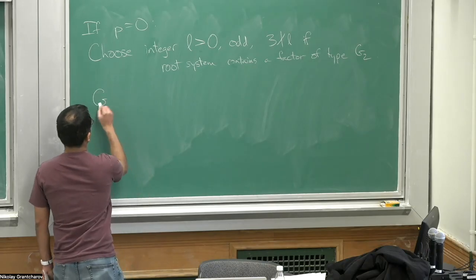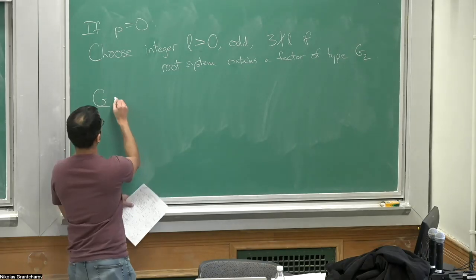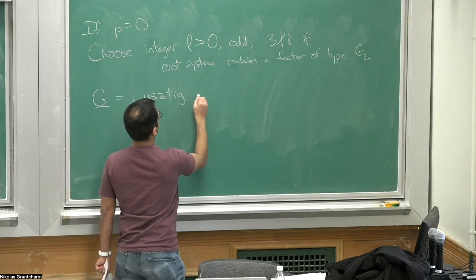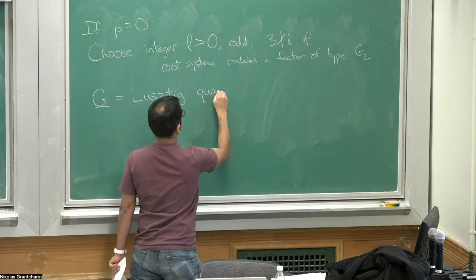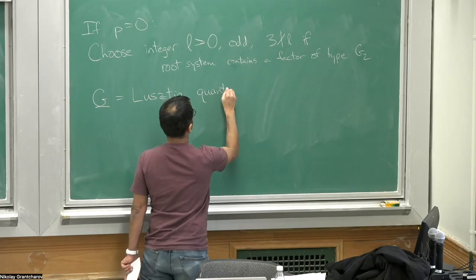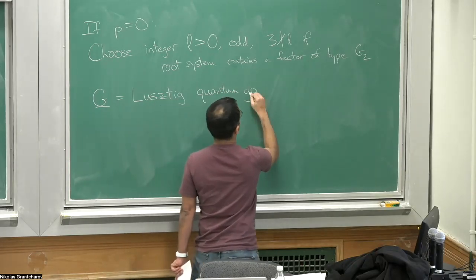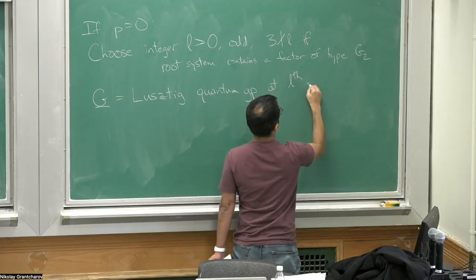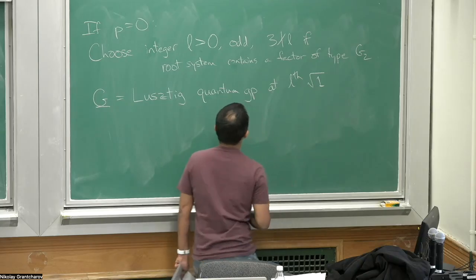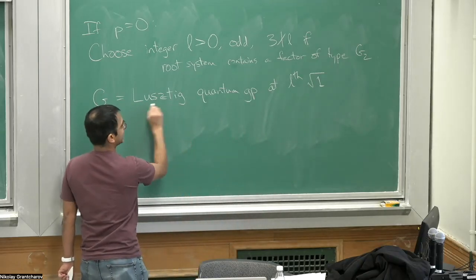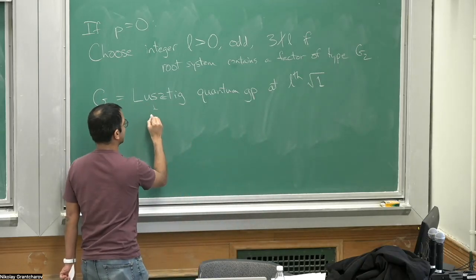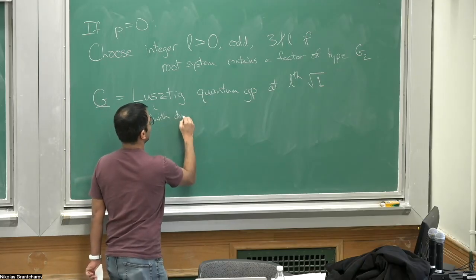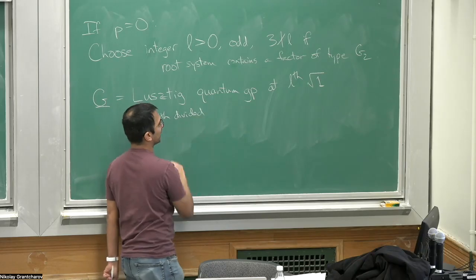Okay, and then D underline. I'm going to use it to mean the Lusztig quantum group at an Lth root of unity. When I say Lusztig quantum group, there are two types of quantum groups.